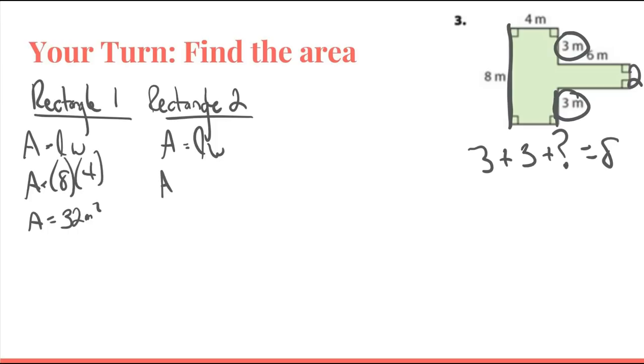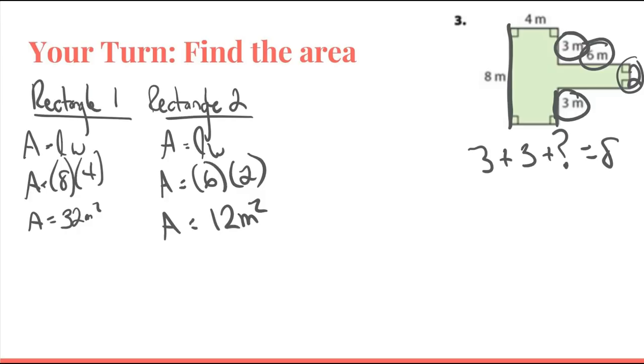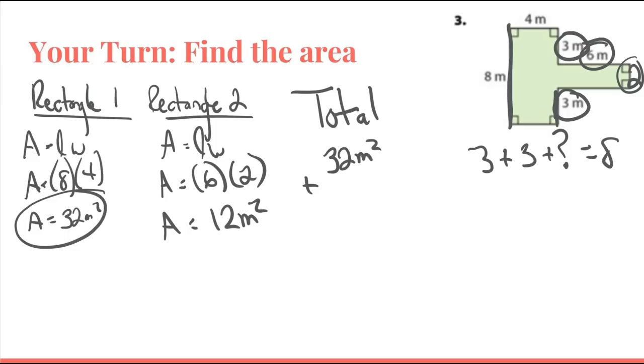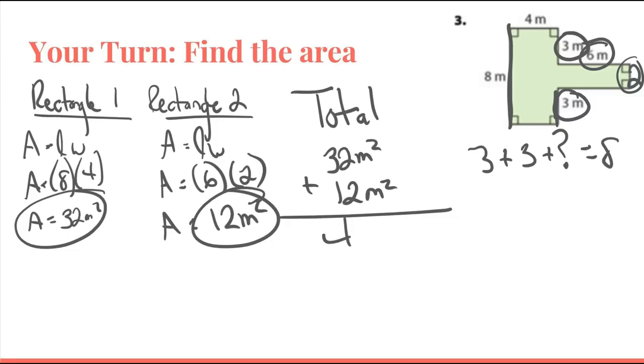So I get area equals length is 6, width is 2, 6 times 2, which means my area is 12 meters squared. And now I just have to find the total of my two rectangles. So for my total, I add my first rectangle, 32 meters squared, plus my second rectangle, which is 12 meters squared, and I get 44 meters squared.